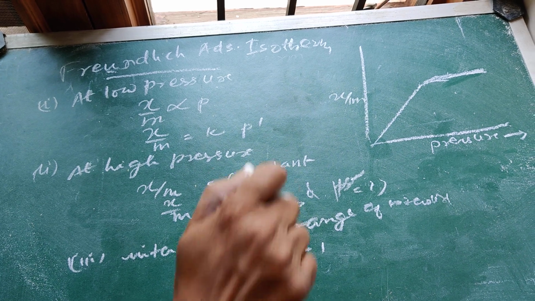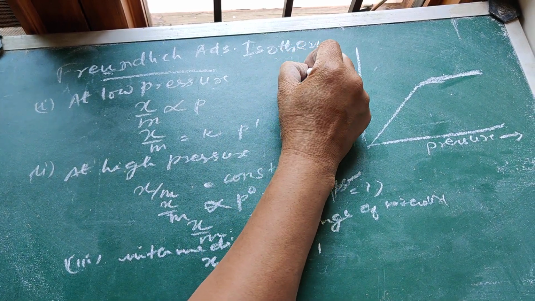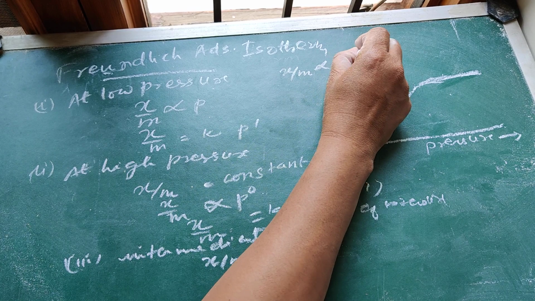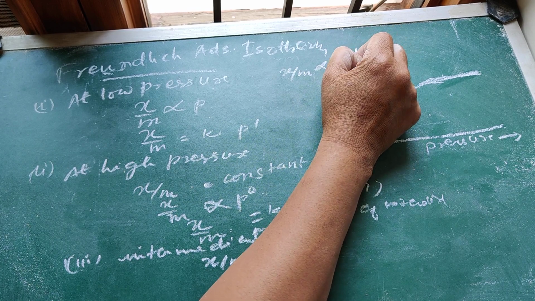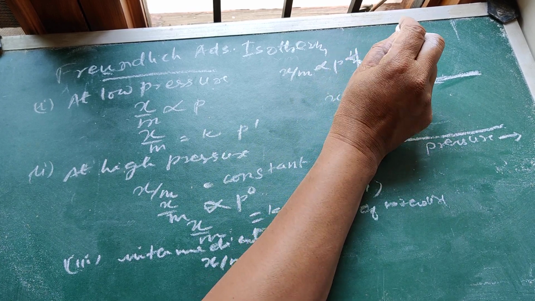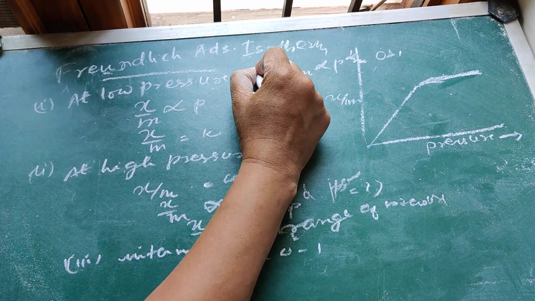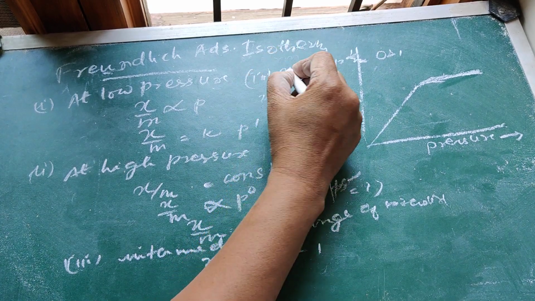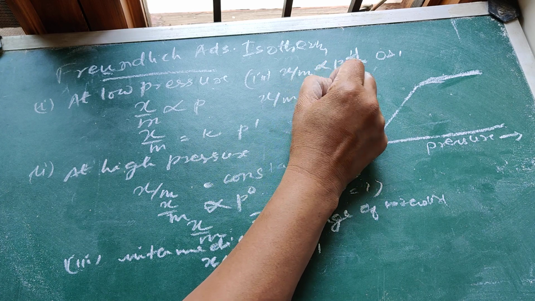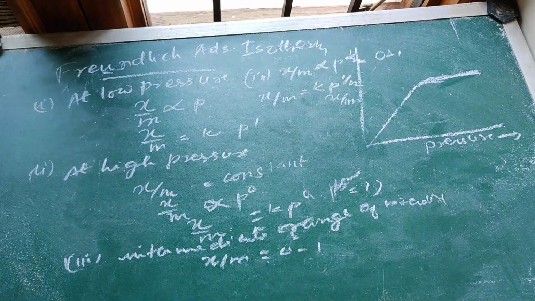So we can write x by m is proportional to P raised to 1 upon n, where 1 upon n can have values between 0 and 1. So the third one: x by m will be equal to k P raised to the power 1 upon n.